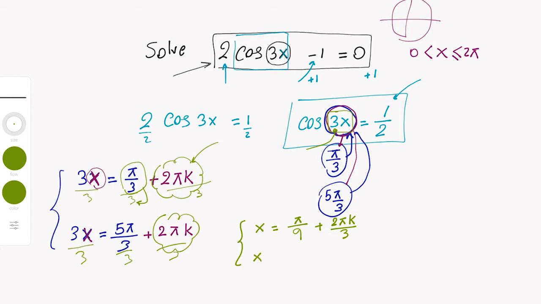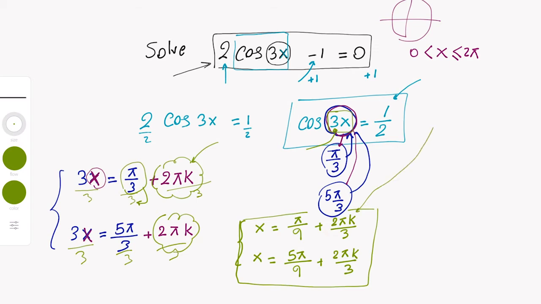And the second one, x will be 5 pi over 9 plus 2 pi k over 3. So this is the set of all the solutions. There are infinite solutions here because of this k.